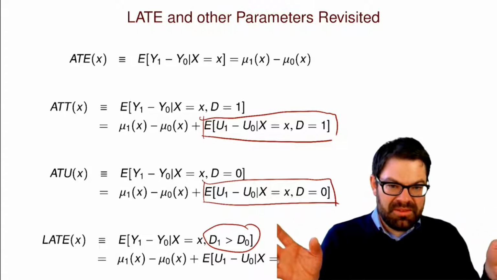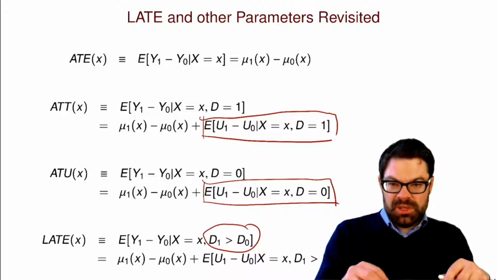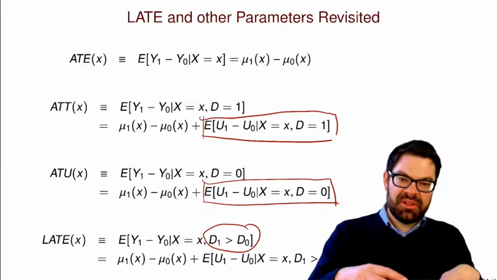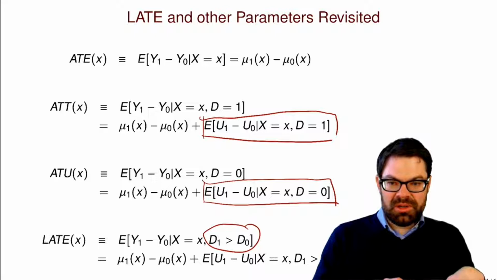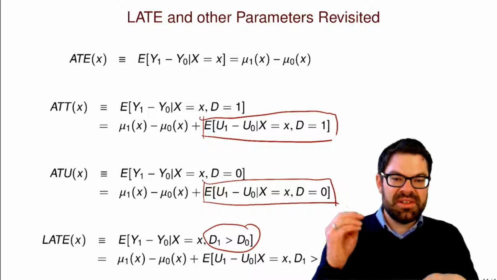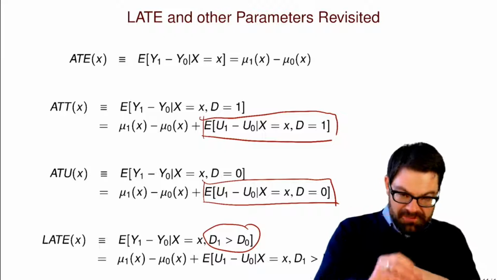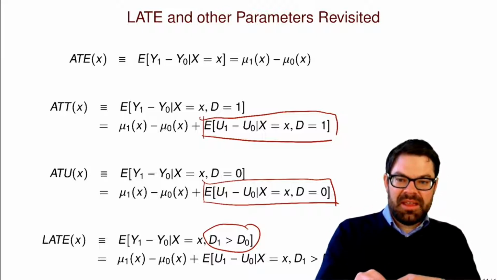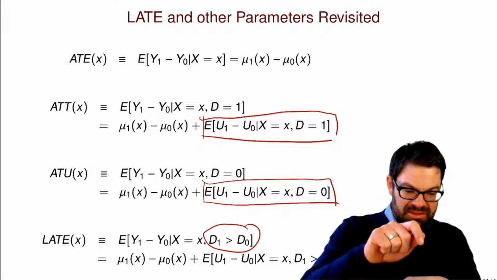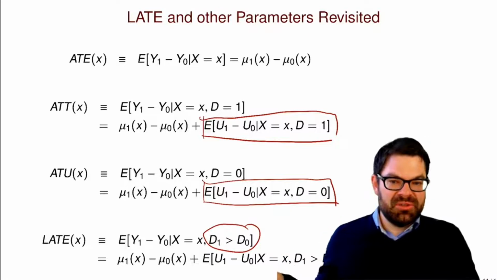Why is this important? Well, as I will show you in a later video, what we typically identify with a well thought out randomized experiment or by exploiting a natural experiment that assigns something exogenously is the average treatment effect on the treated. But the average treatment effect on the treated is not what we should expect the treatment effect to be when we want to extrapolate to other groups.